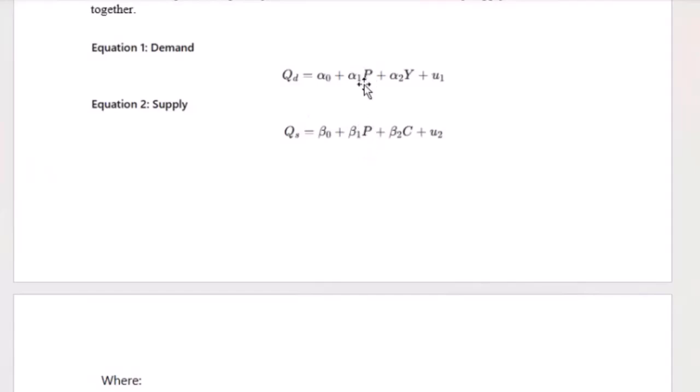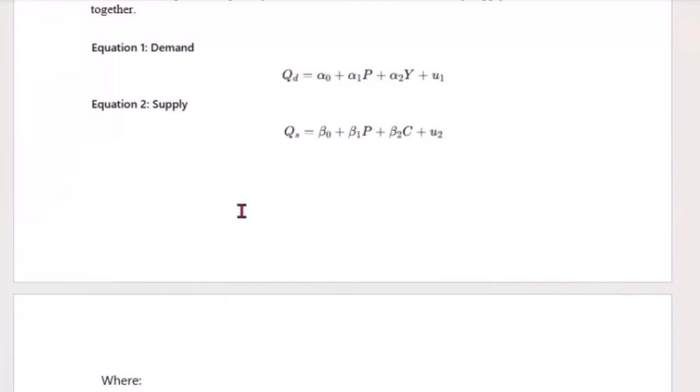This endogenous variable P is found in the first equation, and it is also found in the second equation. That means the variables in the first equation, that is QD, P, Y, even the error terms, affect the second equation. At the same time, the variables in the second equation, the Q, the constant P, C, even the error terms, also affect the first equation.